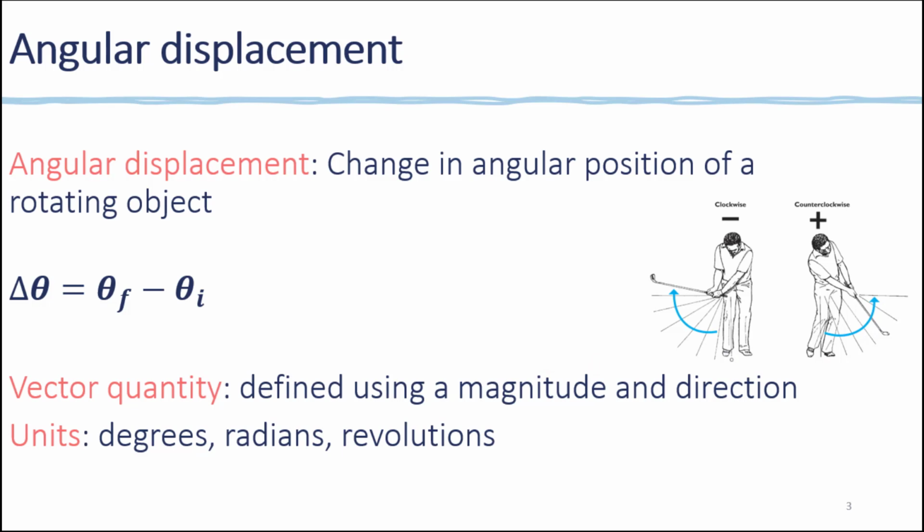So remember that this means that angular displacement is defined using a magnitude and a direction. And so using the right-hand rule, you can establish that the direction can be either clockwise, which would be negative, or counterclockwise, which would be positive. And the units for angular displacement can be degrees, radians, or revolutions, which we should all be familiar with by now, thanks to the first lecture video.